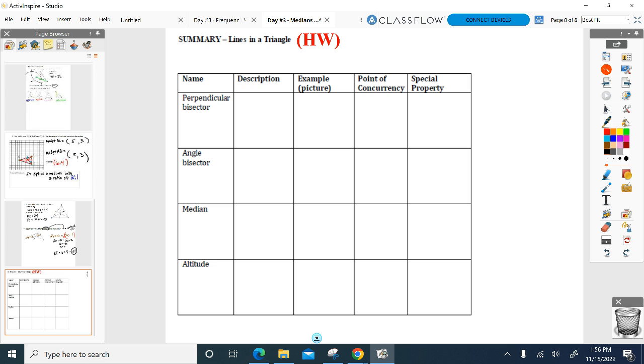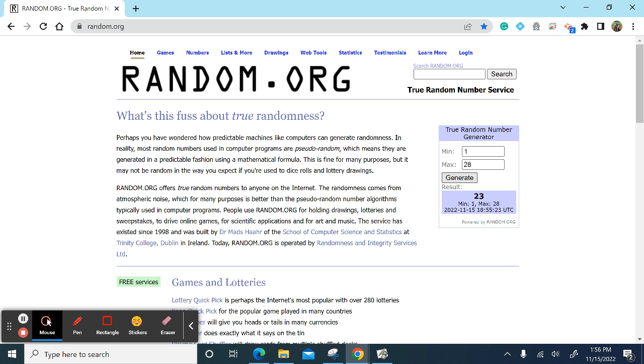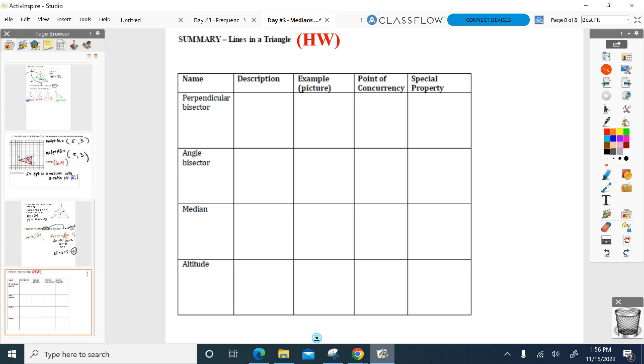All right, perpendicular bisector. What is it? What's it do? Description. In your own words, what does a perpendicular bisector do? It's equidistant. No, you're starting to think about points of concurrency. Just a perpendicular bisector.